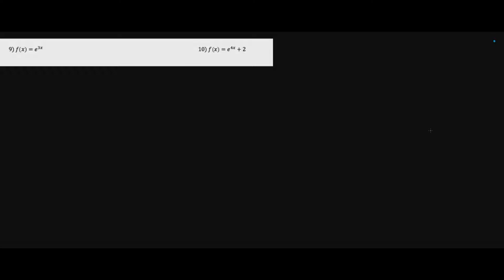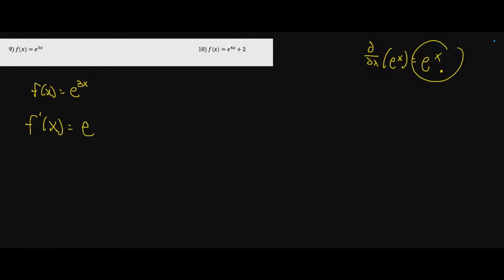And that concept is the same when we deal with e to the x or sine and cosine. So for example, we have e to the 3x. Well, we know the derivative of e to the x is e to the x. This does not change. This is always true. It's the only function that when you take the derivative of itself, you get itself. So if I take the derivative of this, I'm still just going to get e to the 3x.